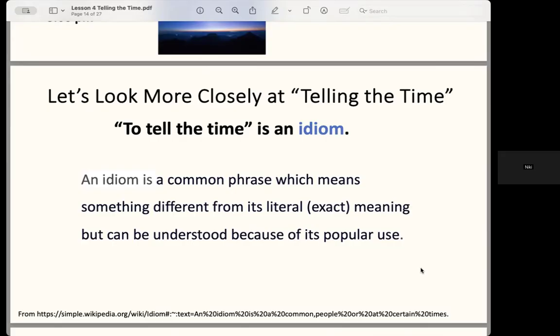So that's an idiom in English, and that's a common phrase which means something different from its literal or exact meaning, but it can be understood because of its popular use. So telling the time is one of those funny idioms in English. We don't say to know the time or to speak the time. We say to tell the time. Okay.